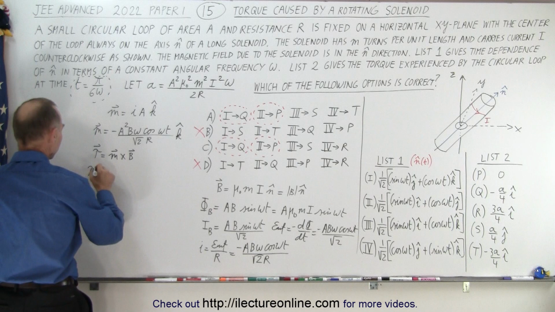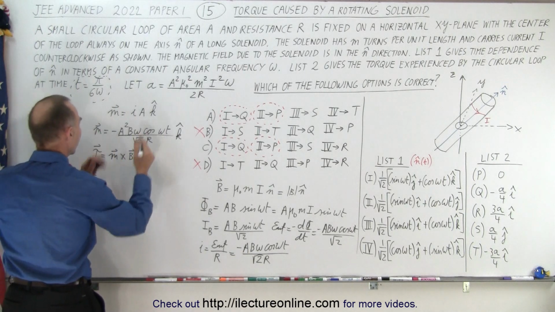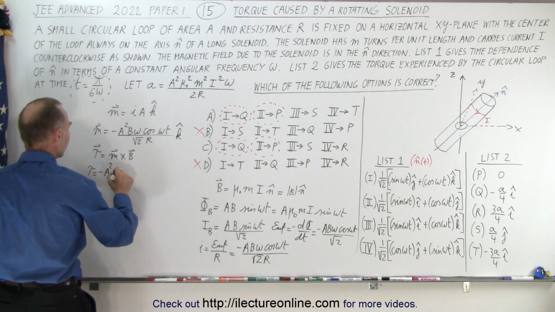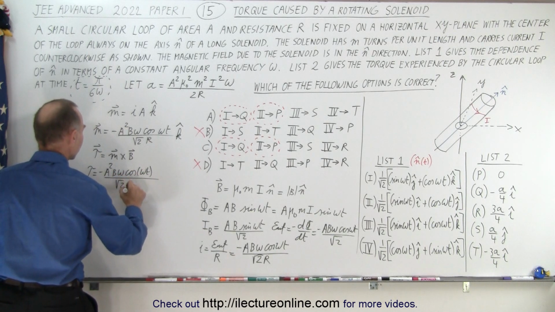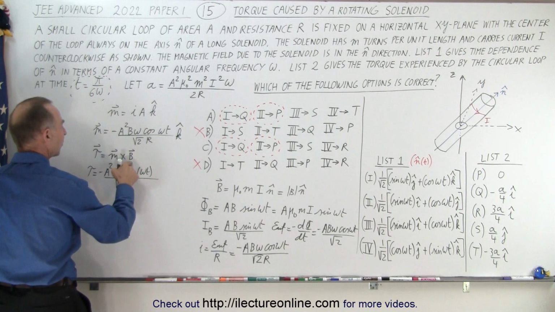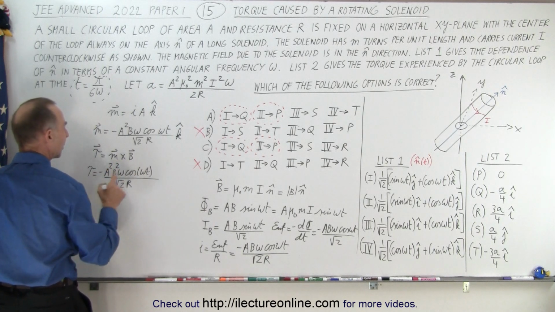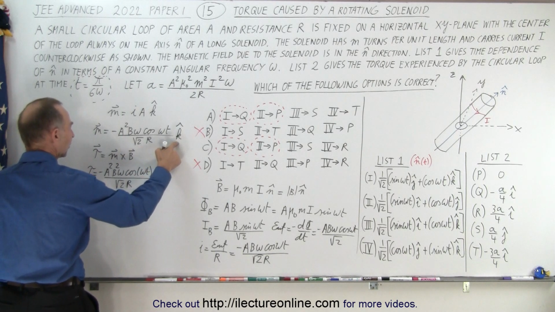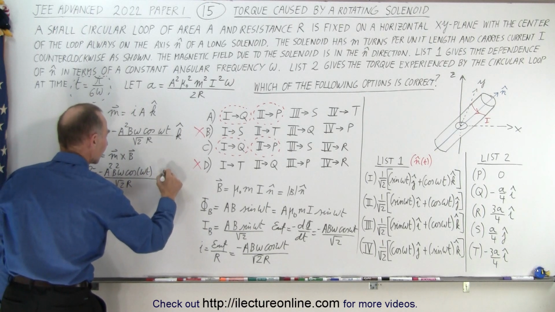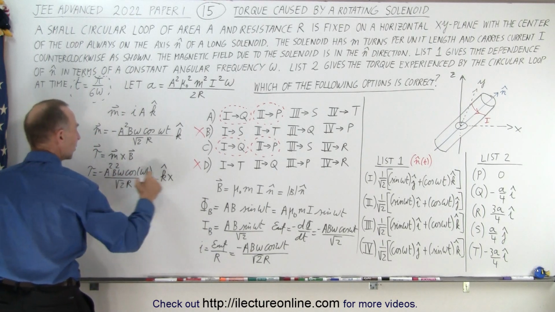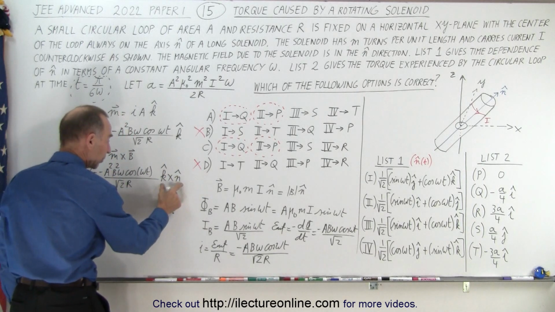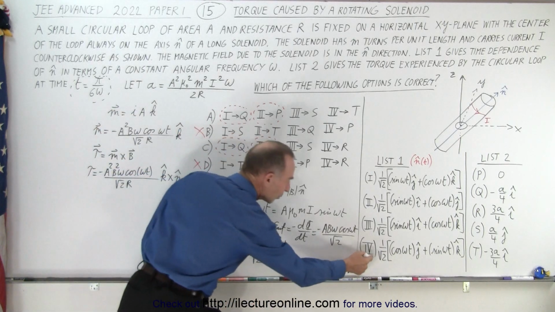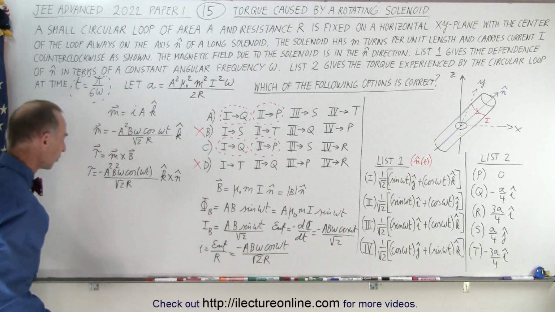And so the torque is therefore equal to the magnitude of that, which is minus A squared B omega times a cosine of omega t divided by the square root of 2 times R times the B field, so that makes us B squared, and then we have the direction of M, which is k cross with the direction of the B field, which is n. There we go. So now we have to do a cross multiplication of k times n, and now we're going to use n of the fourth expression.